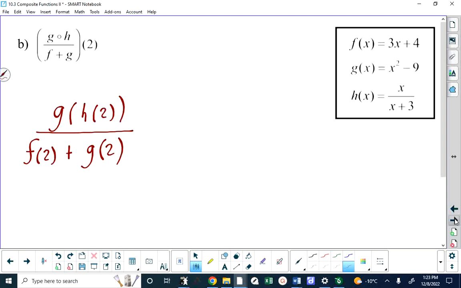What is, for example, f of 2? Well, you put 2 in for x in f. 3 times 2 is 6 plus 4. F of 2 is 10. What's g of 2? Well, put 2 in for x in g, and you get 4 minus 9, which is negative 5.